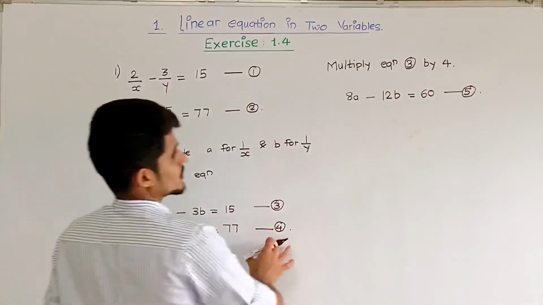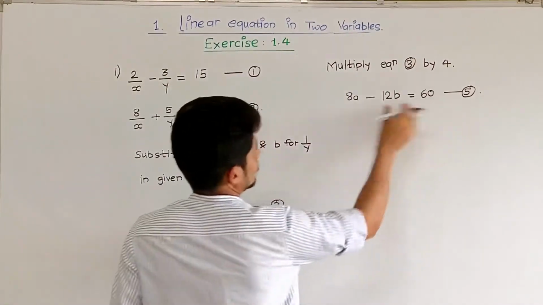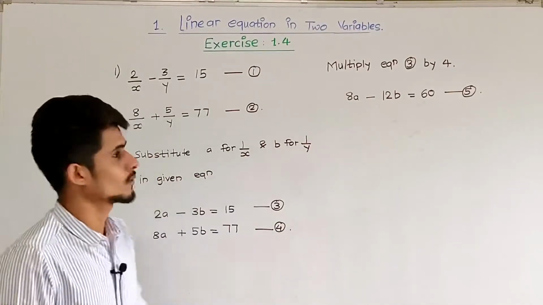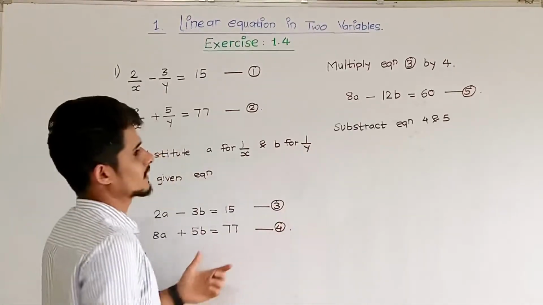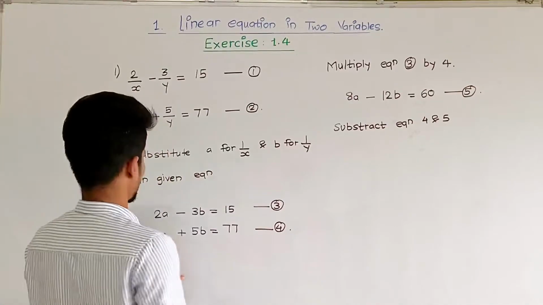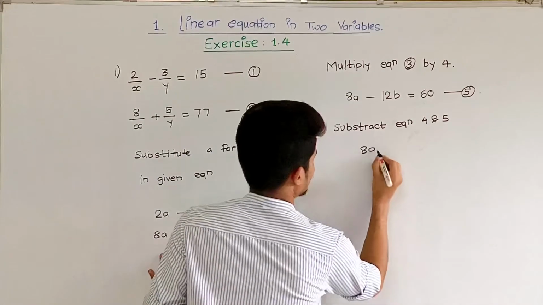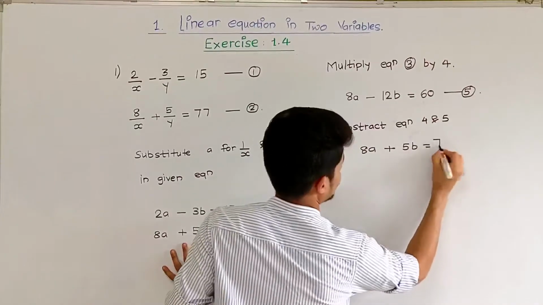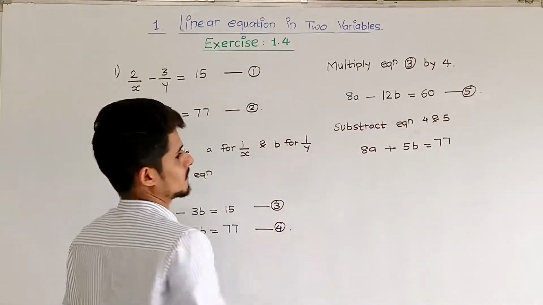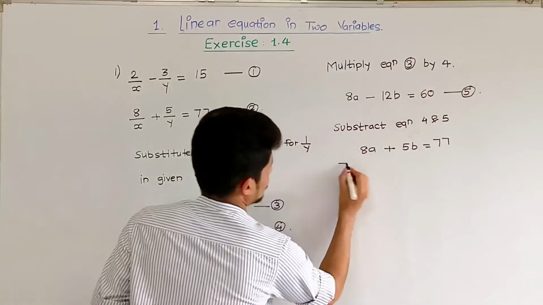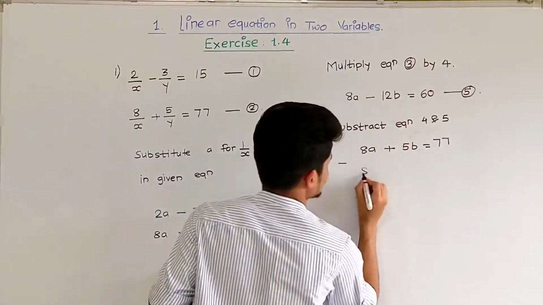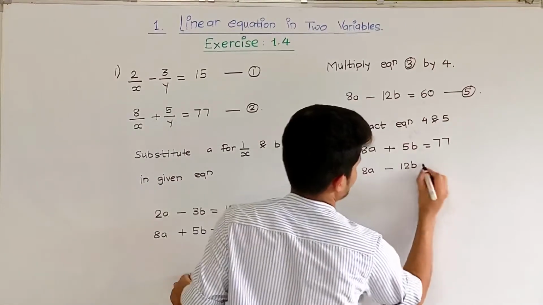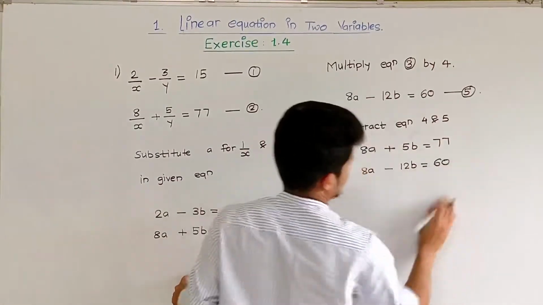So in equation 4 and equation 5, the signs are positive. So we will subtract equation 4 and equation 5. Subtract equation 4 and 5. 8a plus 5b is equal to 77, minus equation 5, which is 8a minus 12b is equal to 60.